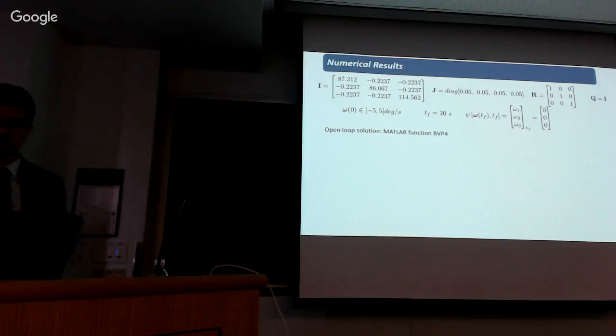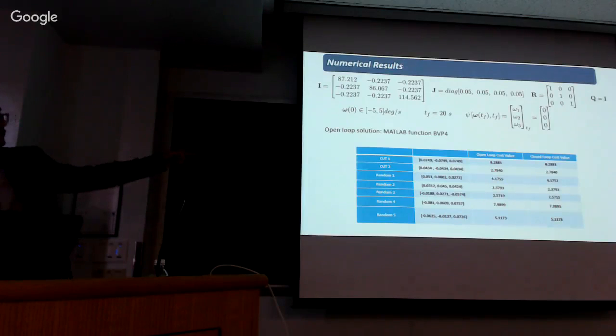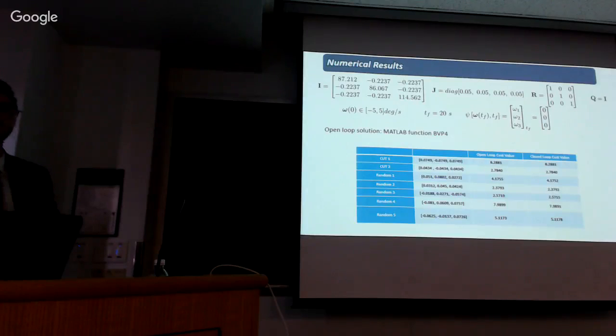Then by my proposed methodology, I have found the cost function. The first two rows, cut1 and cut2, show two of those collocation points. The cost function from open loop and closed loop are exactly the same for these two points.